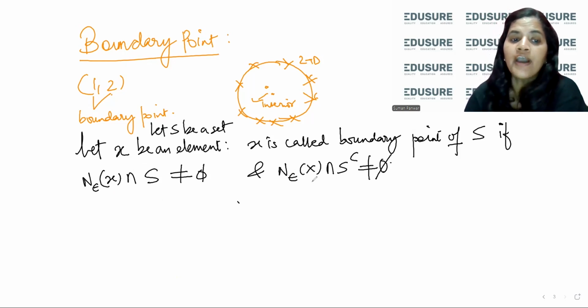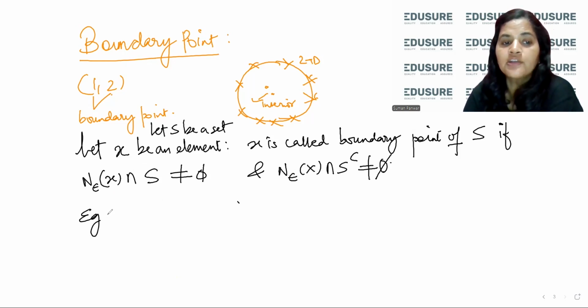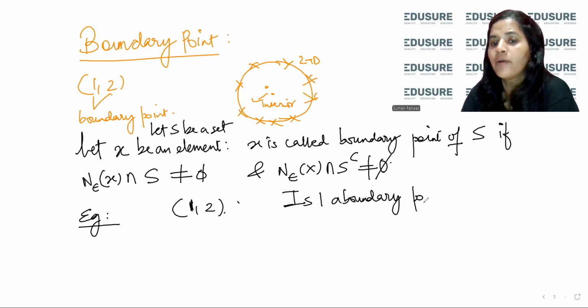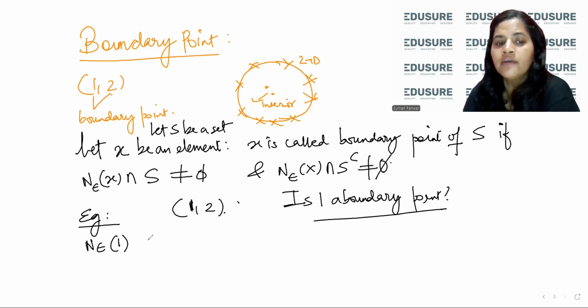Okay. So if I have, for example, let us look at again (1, 2). Now let us see, is 1 a boundary point? Let us look at the neighborhood N epsilon 1, which is going to be (1 minus epsilon, 1 plus epsilon).